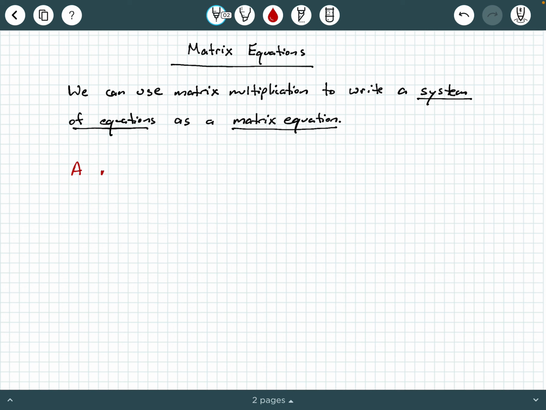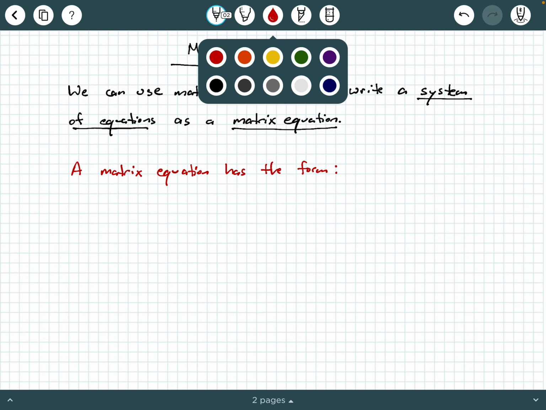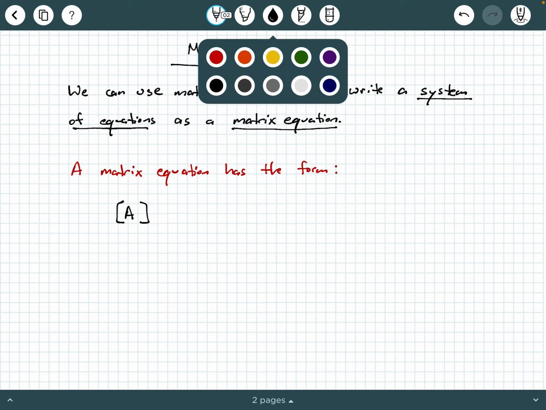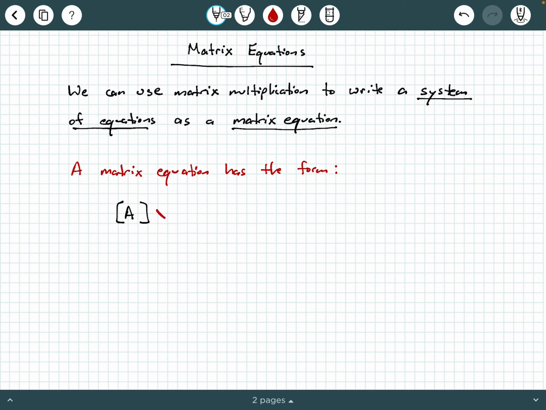So a matrix equation has the form matrix A multiplied by a column vector X, and that being equal to another column vector B. Okay, so this is how we express this.